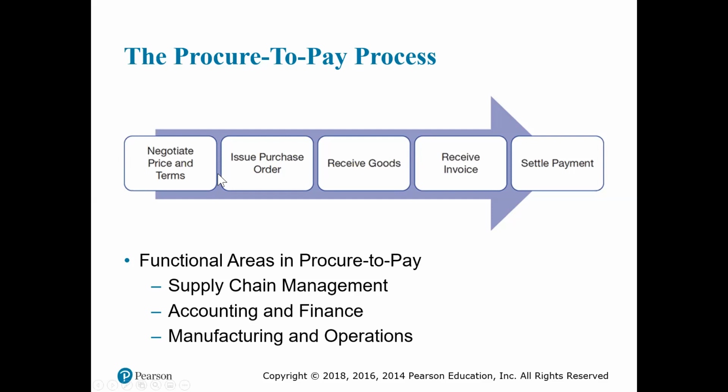The sub-processes of the procure-to-pay process include price and term negotiation, issuing of the purchase order, receiving the goods, and receiving and paying the invoice. You can see that it also involves multiple business functions with the need to communicate throughout the process.